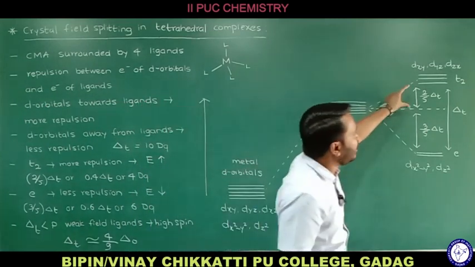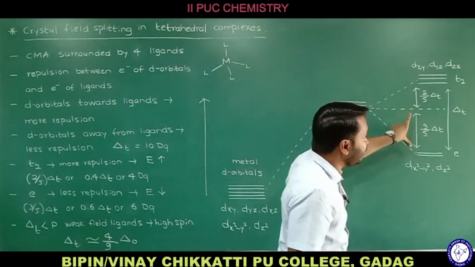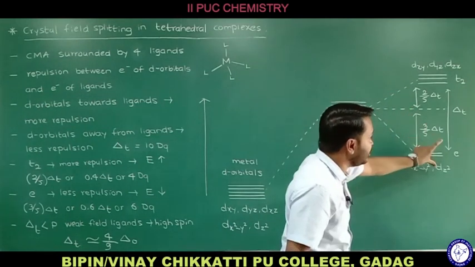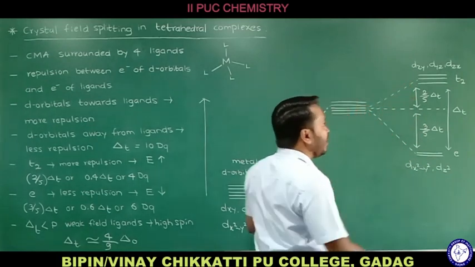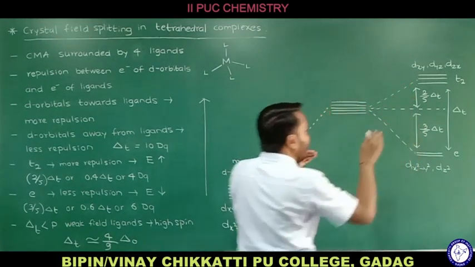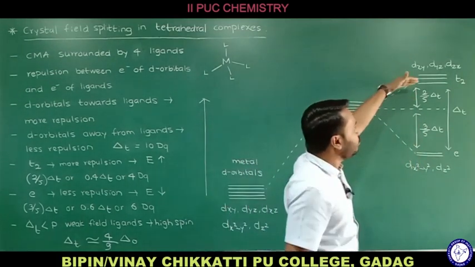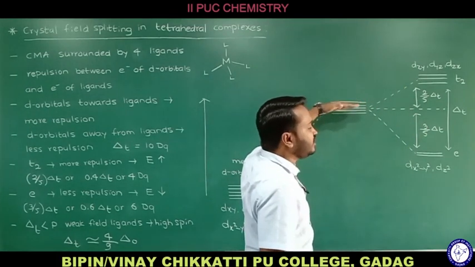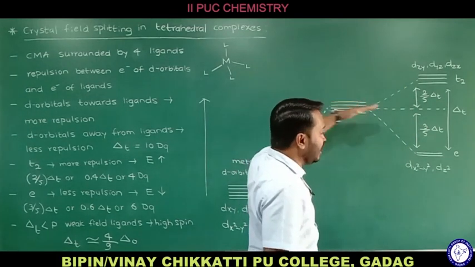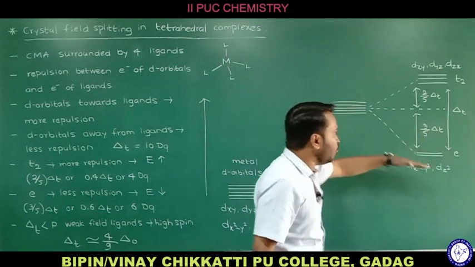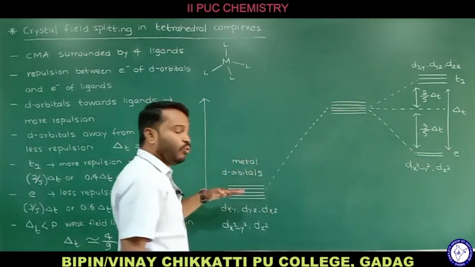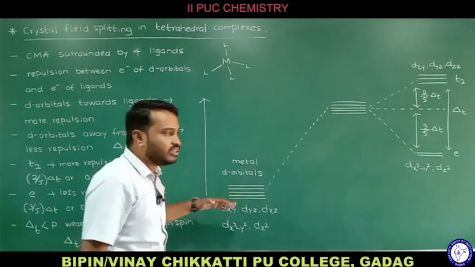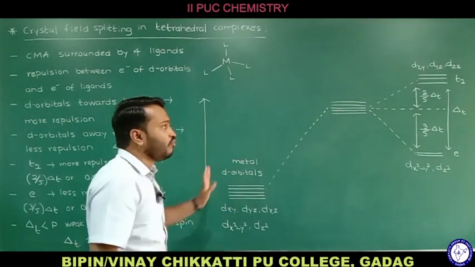See here, we have the lower energy level for E, 3 by 5, and the greater energy level for T2, 2 by 5, measured from the average. The energy of T2 is higher than the average degenerate d atomic orbitals, and the energy of E will be lower than them.